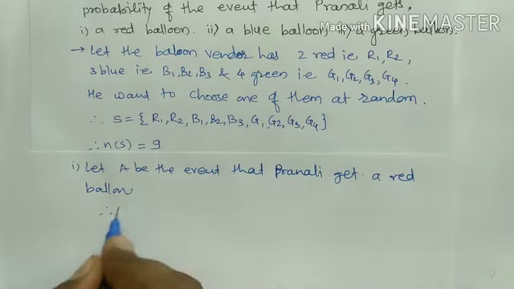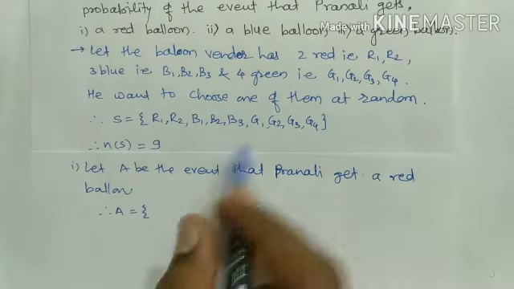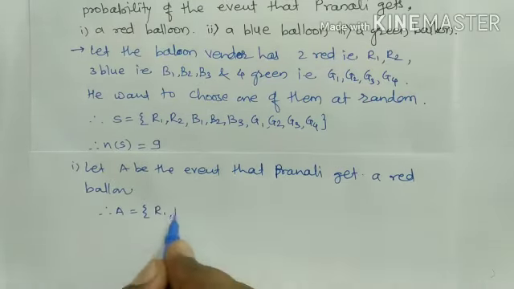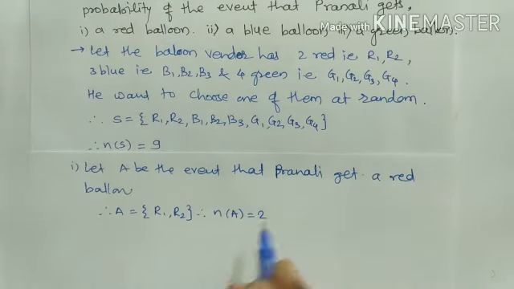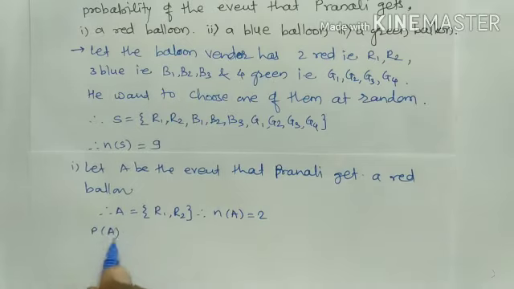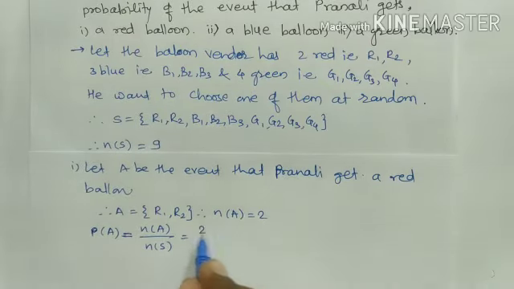Here the event is, there are two red balloons R1, R2. Therefore number of A equals 2. Now we have to find the probability of this event, that is probability of A equals number of A upon number of S, and therefore it equals 2 upon 9.